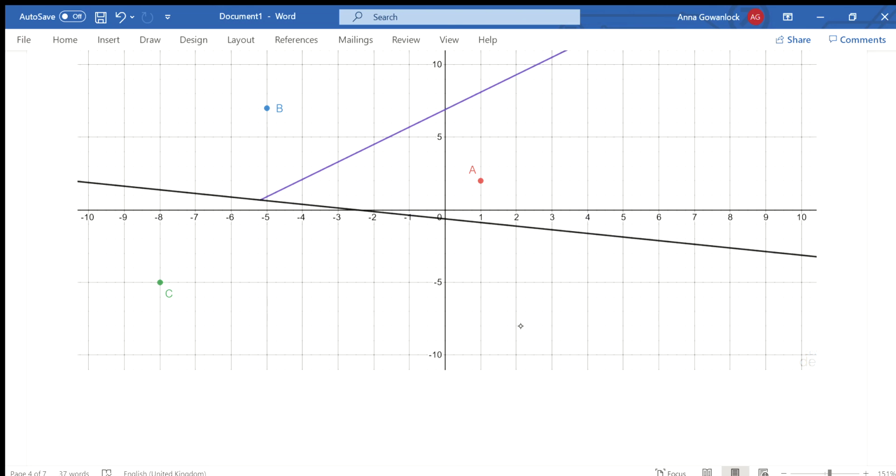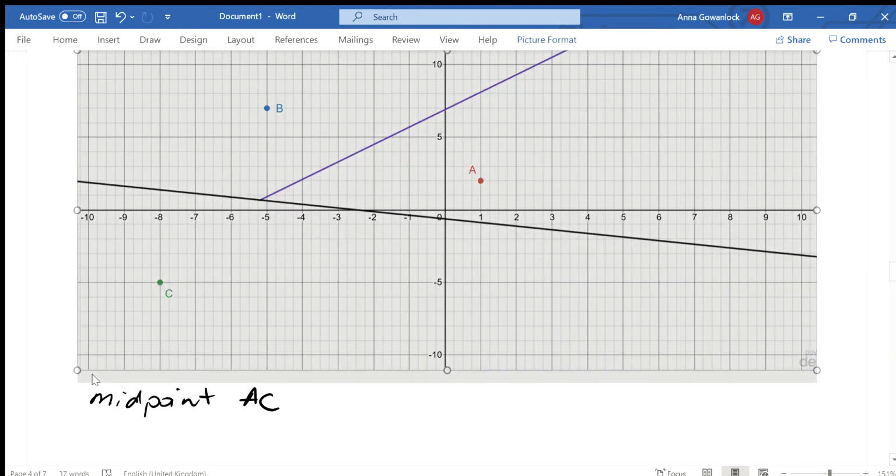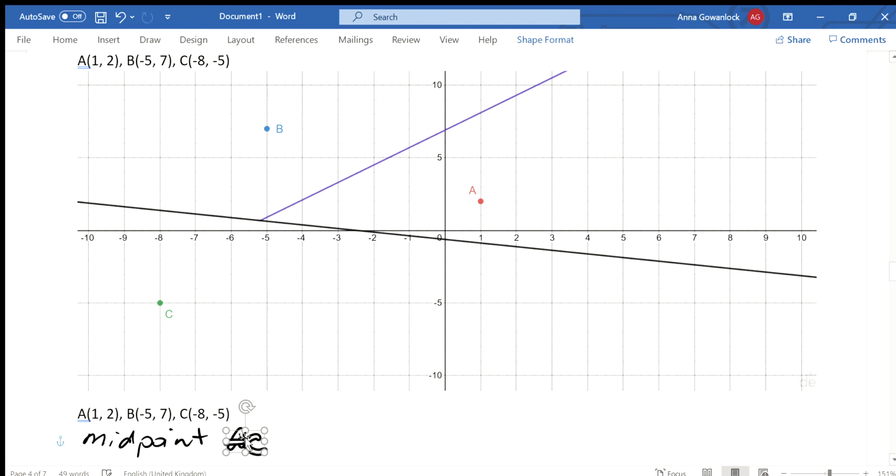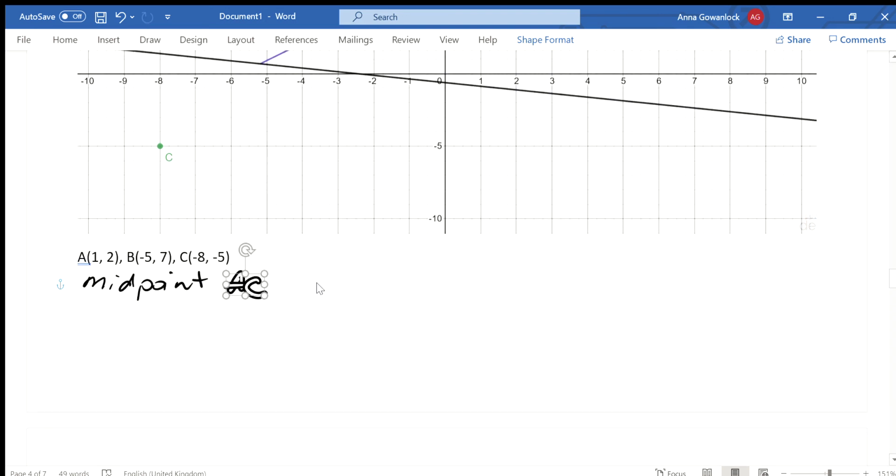So the midpoint of AC, here we go, copy those back in so that you can see them when we do these calculations.